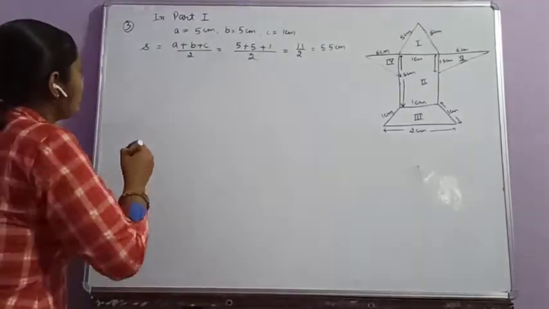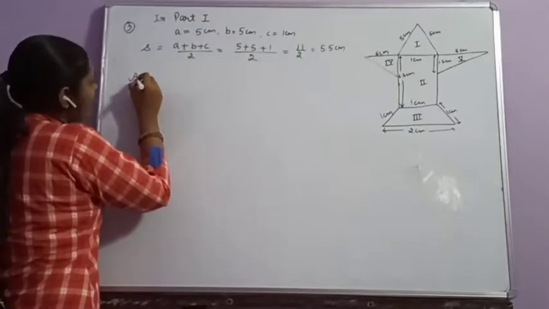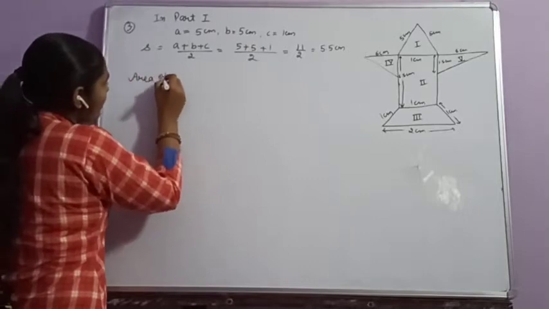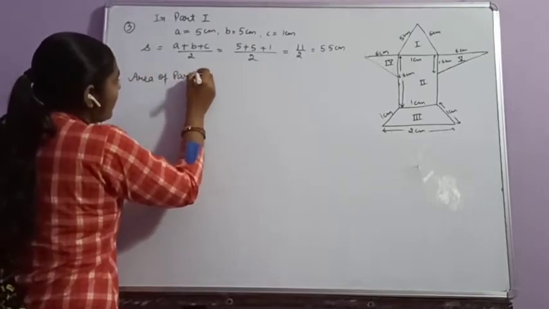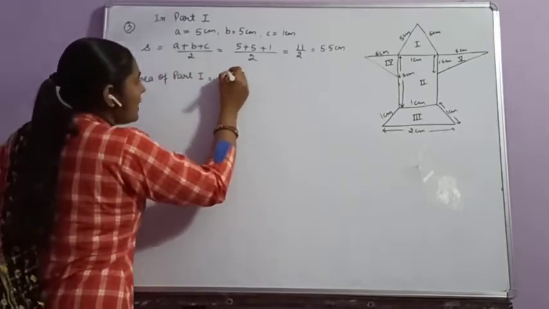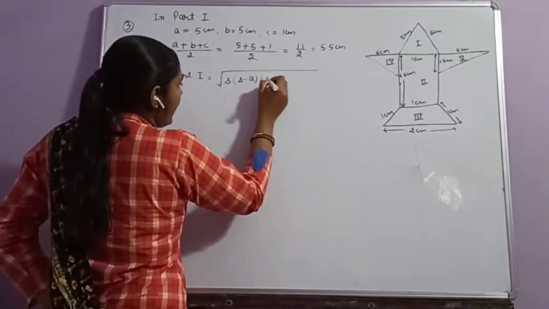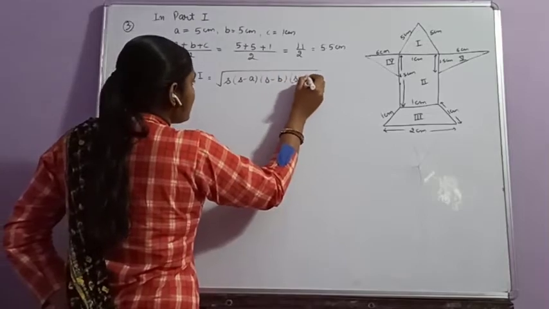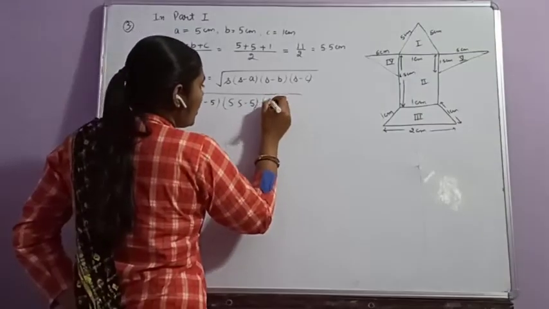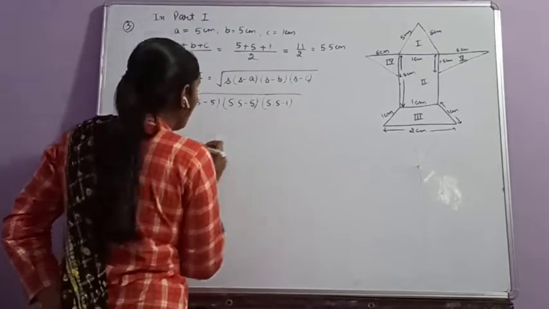Clear? Now we find the area of part 1, that is equal to square root of s into (s minus a) into (s minus b) into (s minus c). Under root, s is 5.5, into 5.5 minus 5, b is 5, 5.5 minus 5, and c is 1, 5.5 minus 1.